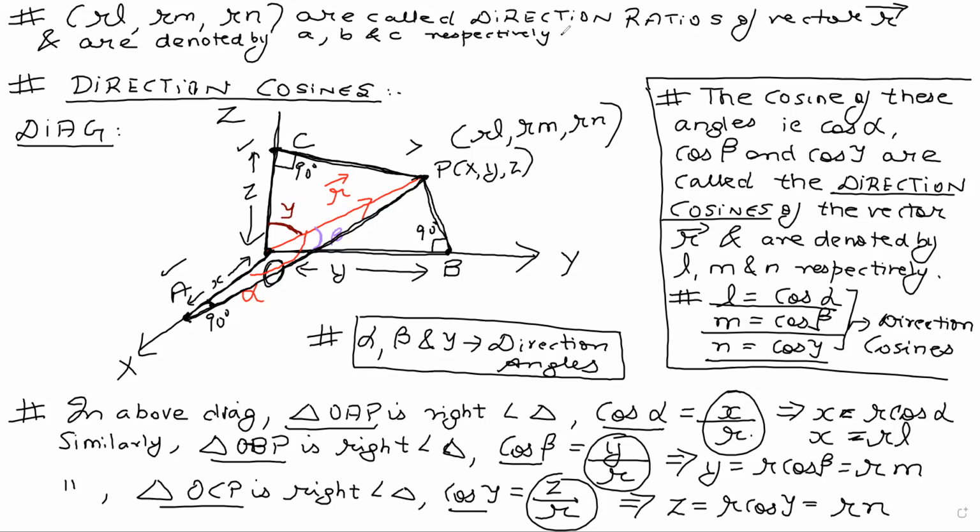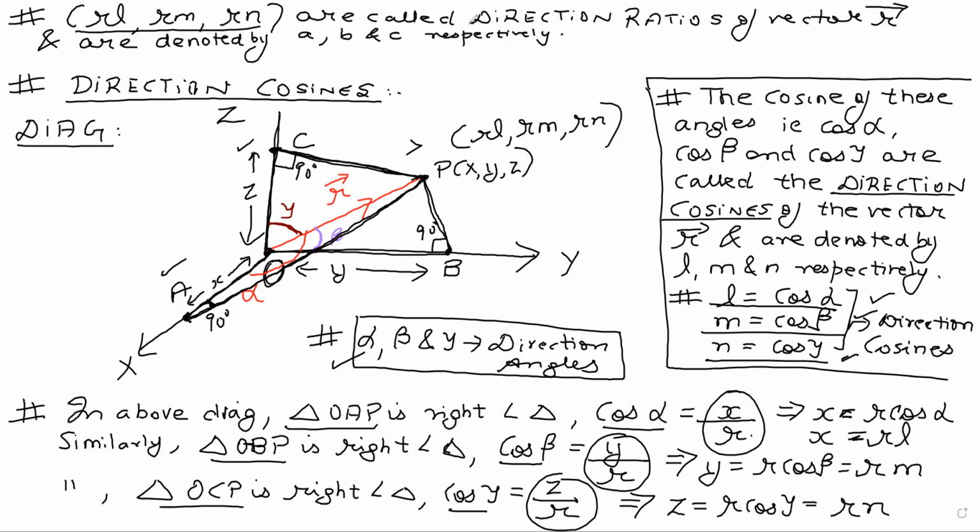So guys, what we have learned is alpha, beta, gamma are called the direction angles. Cos alpha, cos beta, and cos gamma are called the direction cosines. rl, rm, and rn are called the direction ratios, where l is cos alpha, m is cos beta, and n is cos gamma.